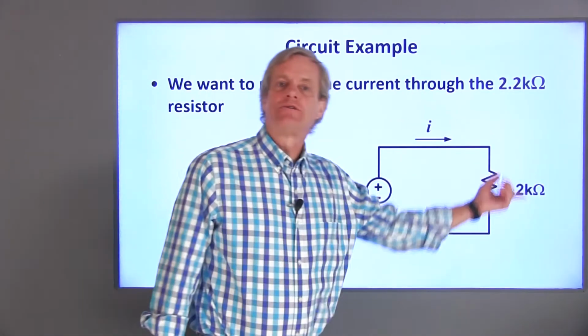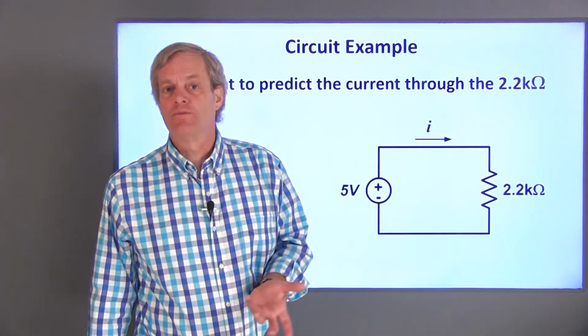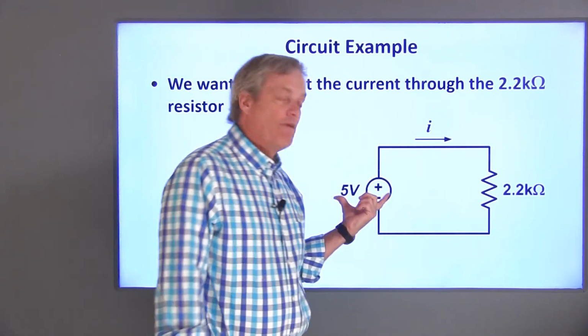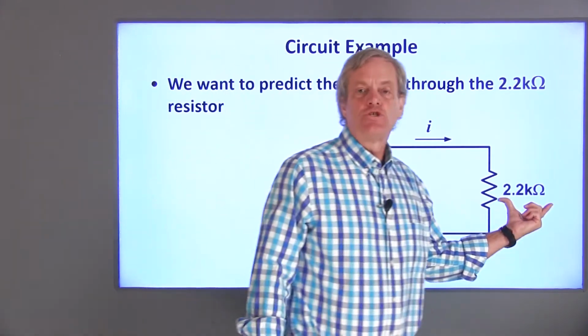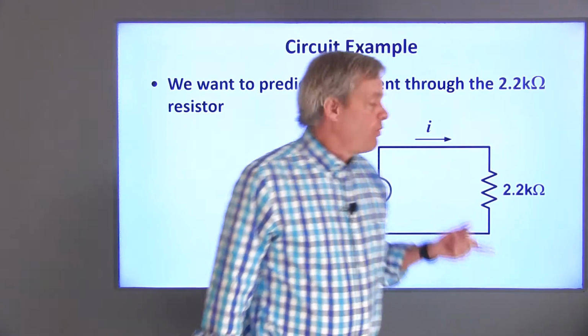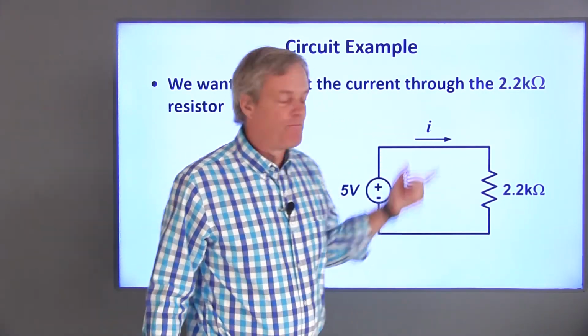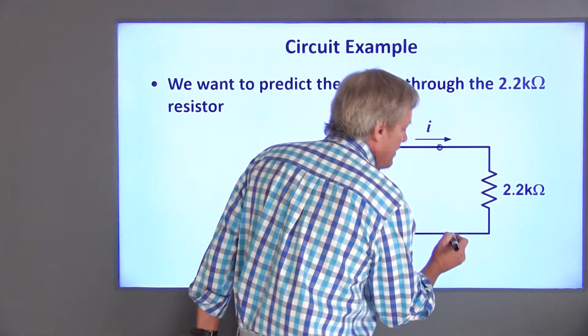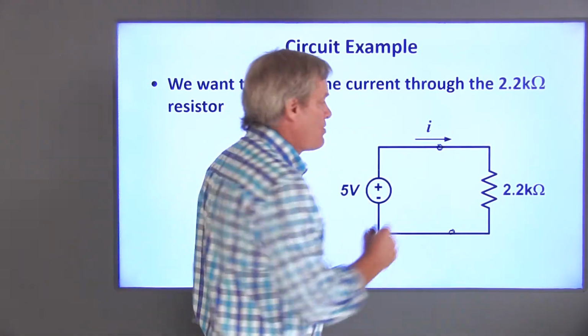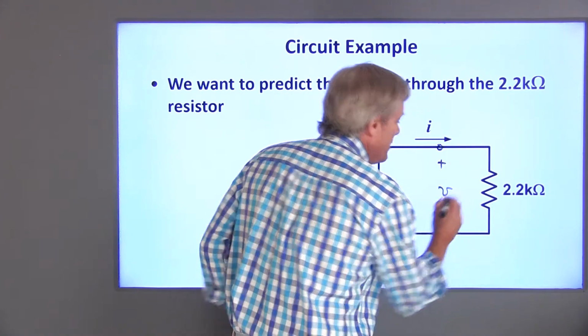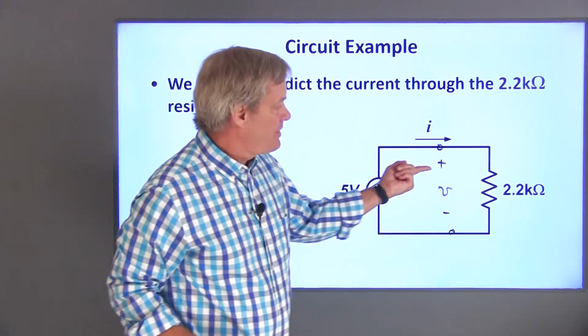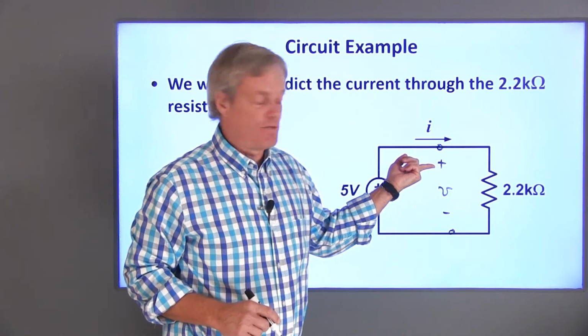We'll use this circuit to investigate how to apply Ohm's law in a circuit analysis. We have a 5-volt source connected to a 2.2 kilo ohm resistor. We want to calculate what the current in this direction will be through the resistor. First, we need to define a voltage across the resistor according to the passive sign convention. If this is our positive current direction, that means this is our positive voltage terminal.